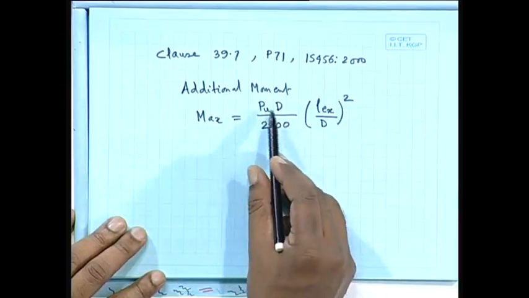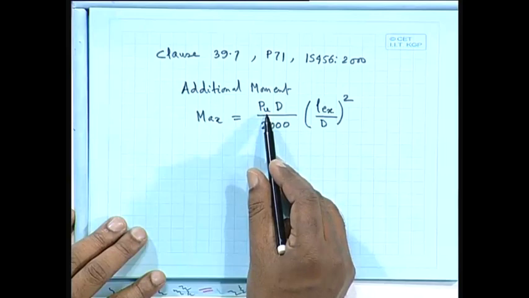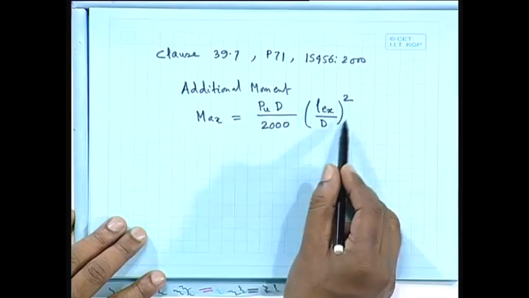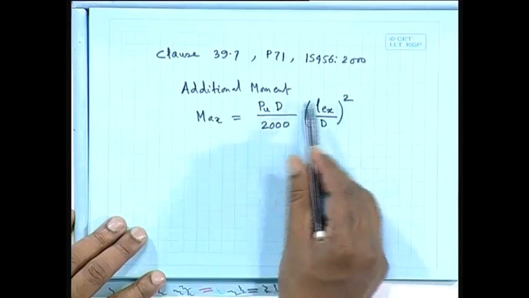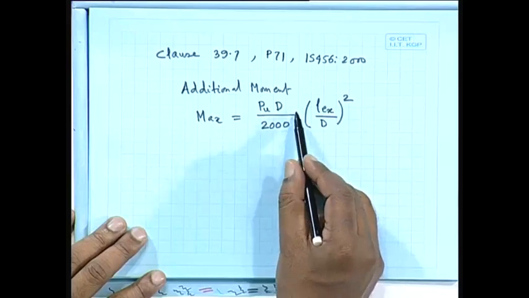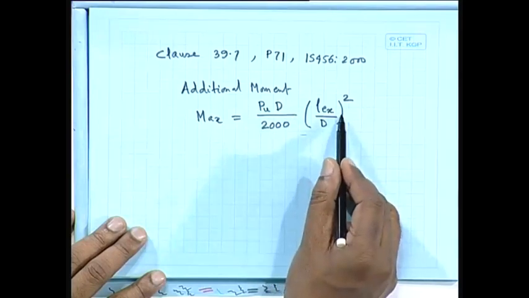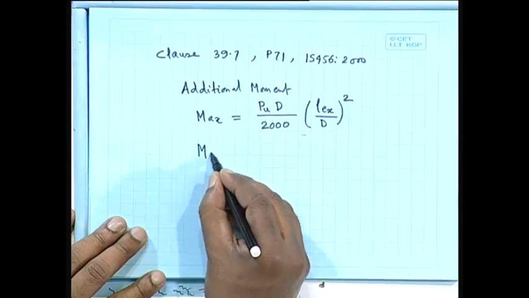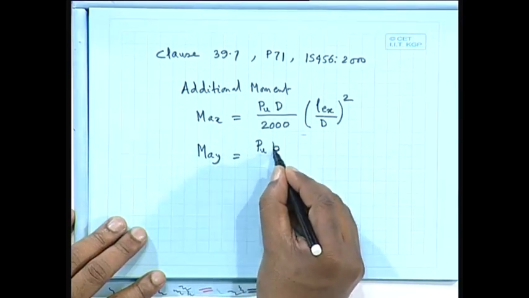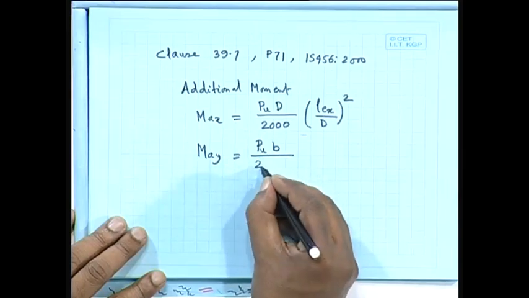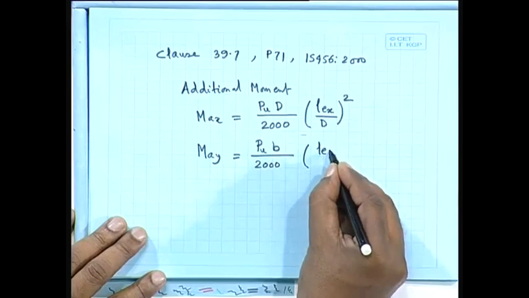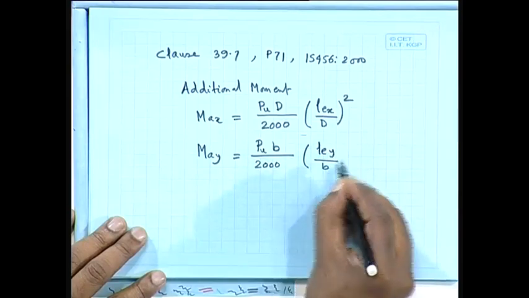We know PU is the applied load. So this value, D by 2000, is nothing but the eccentricity, I can say. Indirectly we are calculating the eccentricity along X, and similarly we are calculating eccentricity along Y, which means PU times B divided by 2000 multiplied by LEY by B.